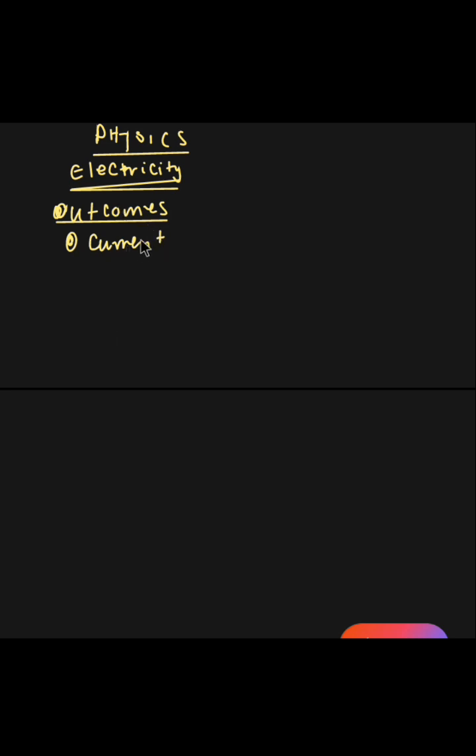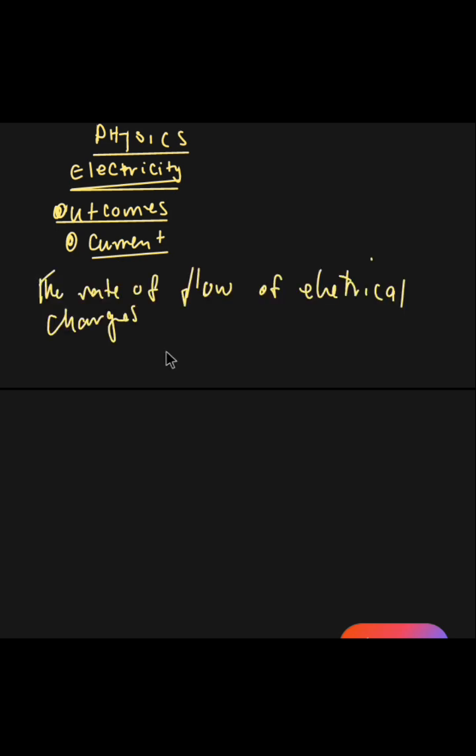So now, once we have defined what electricity is, we should also be able to define what current is. Current, which is our main issue that we are looking at today. What is current? Current is defined as the rate of flow of electrical charges. Current does not just flow anyhow, it flows in particular substances which are known as conductors.